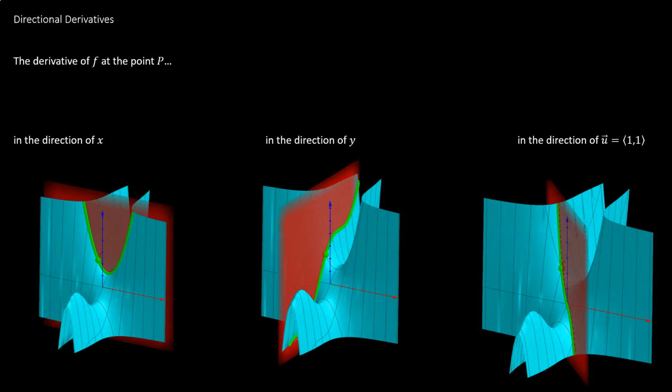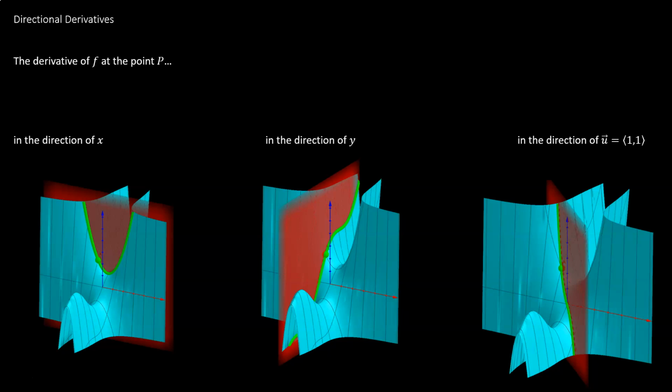Now in this section, we're going to talk about the image all the way to the right. This is the same surface intersected with a plane that's parallel to the vector u that's given, the vector <1, 1>. So this red plane is intersecting the surface just like it did for the other two images.